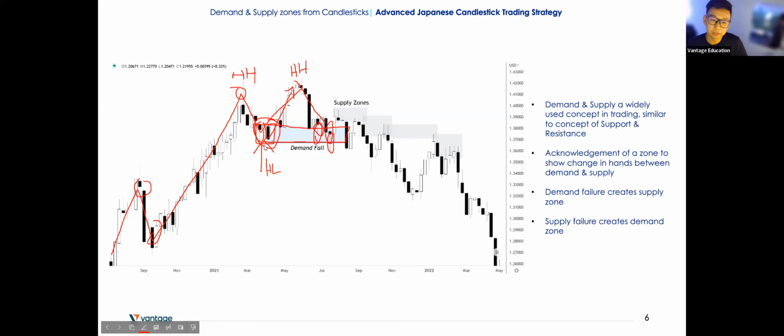So how do we actually determine if this demand zone has failed? It is when prices have broken down below this level. What that means in actual trading terms is that previously at this level, this was considered a discount for buyers to buy in, and sellers were trying to sell at this premium price.